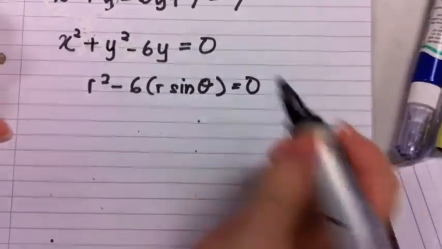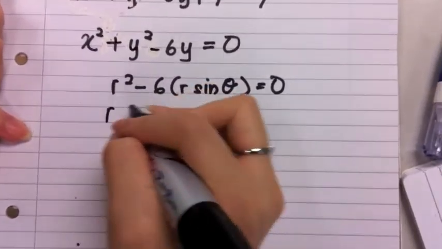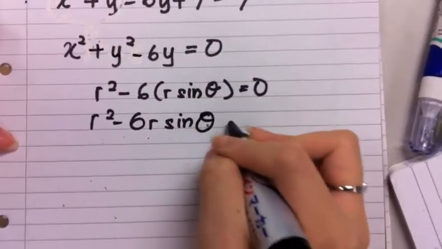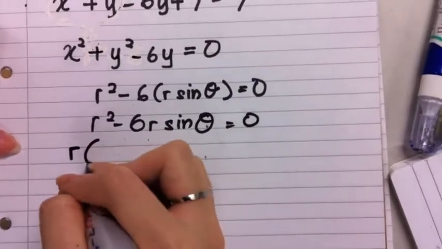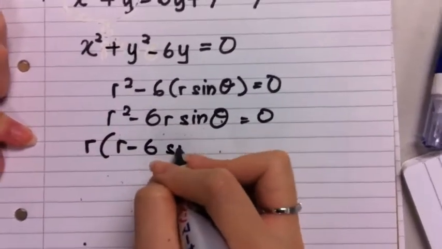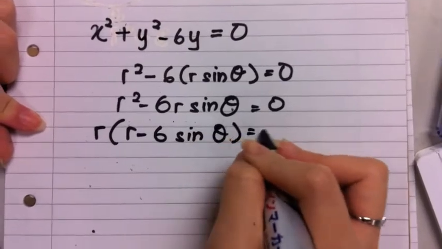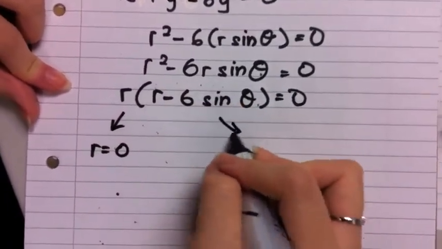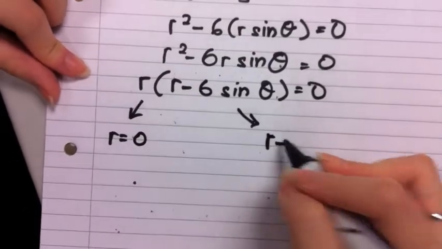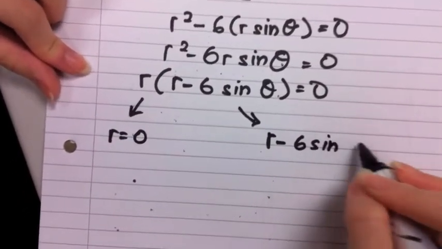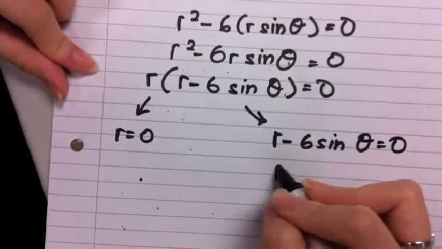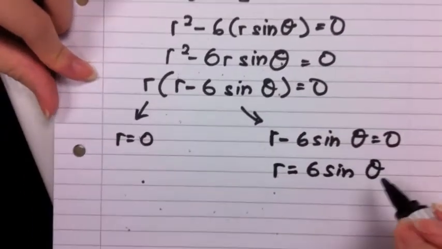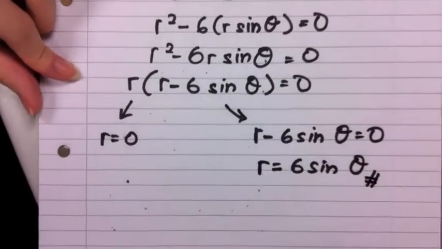So we can factorize it out. r equals 0, or r minus 6 sine theta equals 0, so r equals 6 sine theta. That's our answer.